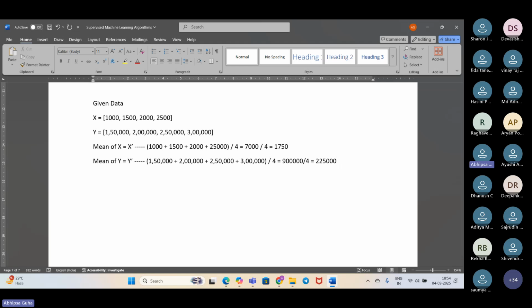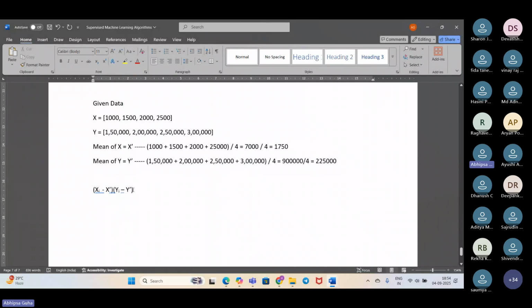So now we need to calculate B1. For B1, we need to calculate xi minus x bar and yi minus y bar. First, we need to calculate these, and then do the summation, right?